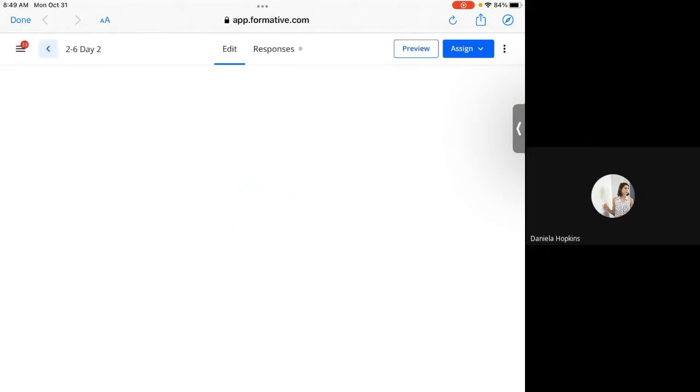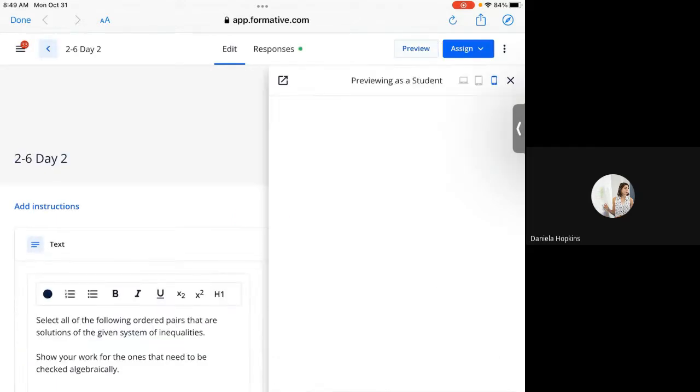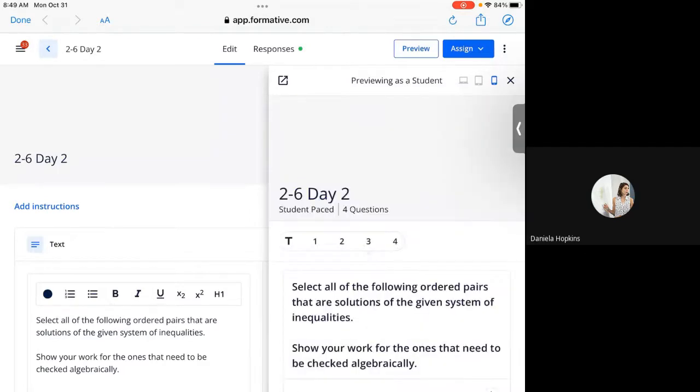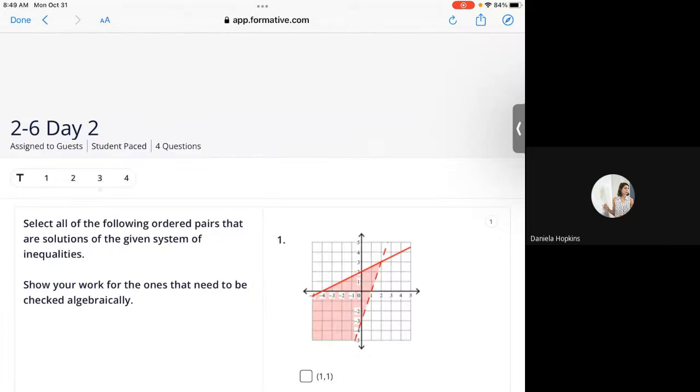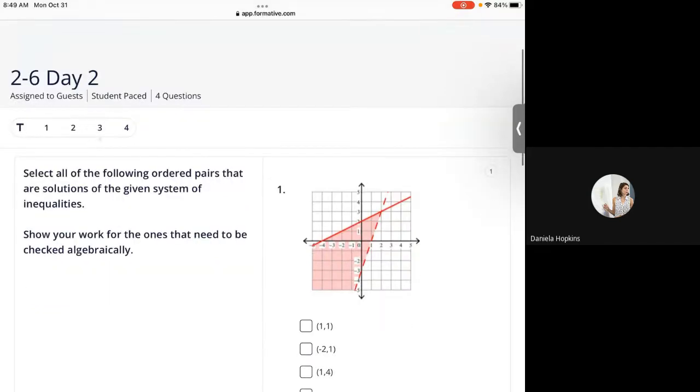So our settings for this formative, this is like a multiple select one. So it's not like multiple choice where you only select one. You can select multiple things. I do not have partial credit turned on because I don't want you just to click around until you get your like green buttons. So it's all or nothing. So you have to have it completely correct for it to show up green.